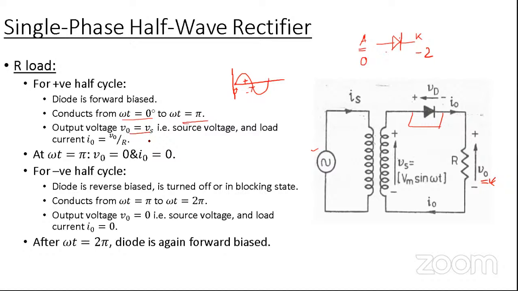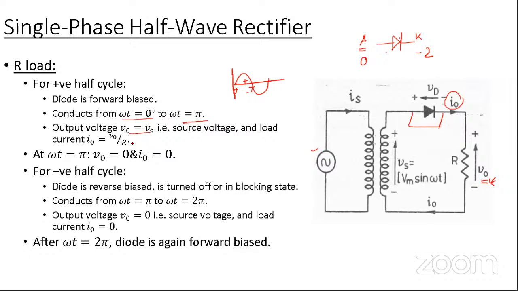So this is written here, V0 equals Vs, if you neglect the threshold voltage drop of the diode and the voltage drop across the impedance of the transformer winding. And if you know the output voltage, you can automatically calculate the current flowing through the load.